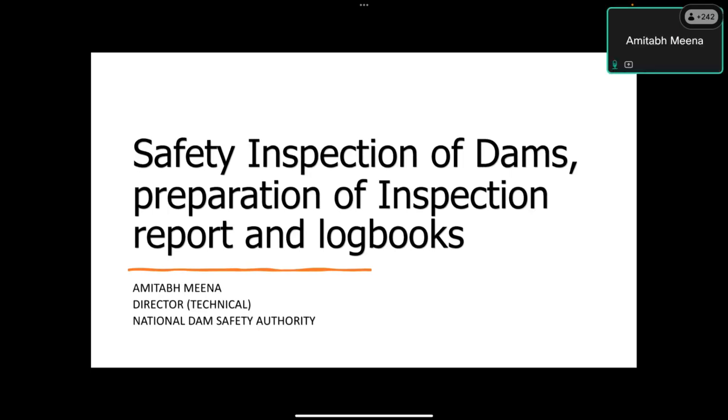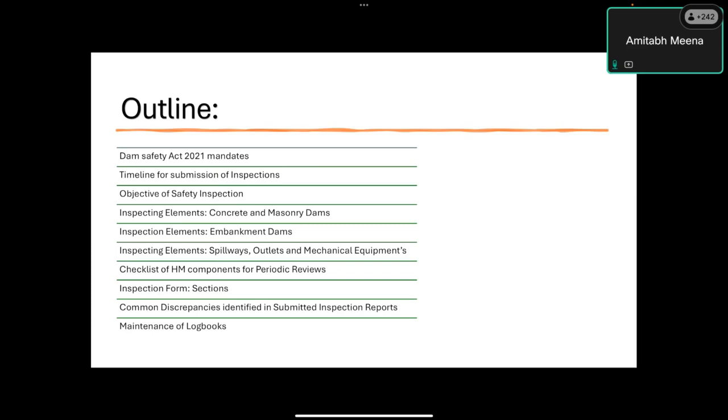In today's presentation, this brief session, we'll be covering some of the features of the Dam Safety Act, especially related to the inspections and the timeline for submission of inspections, the basic objectives of the safety inspection, and what the elements of safety inspection are. We'll break this into three components: concrete and masonry dams, embankment dams, and other concrete structures like spillways and outlets, and some hydromechanical components also.